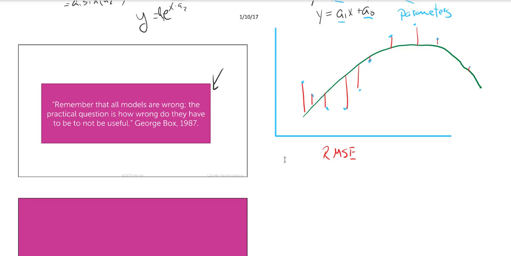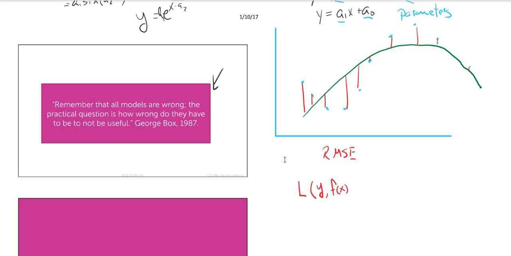We're going to define the loss function L as going to compare the actual value and the predicted value. Remember, this stands for the predicted value, and so it's going to be a function of both of these, which is what we said when we talked about RMSE, if you go back and look at it.